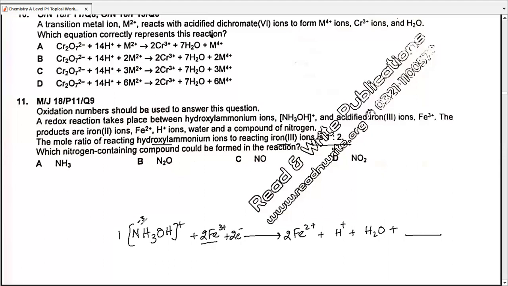Hydroxylammonium ions, how come they are a plus? If that's -3, if that's +1 into 3, that's balanced. If that's -2, if that's +1, the whole thing turns out to be -1. So if it's not -1, if it's +1, then N is not -3.